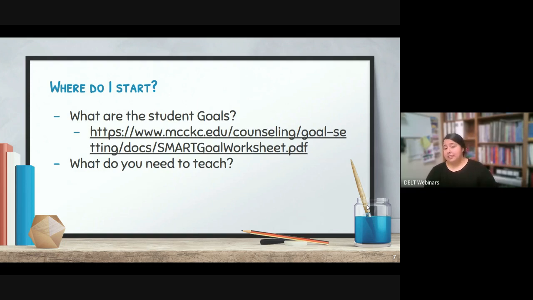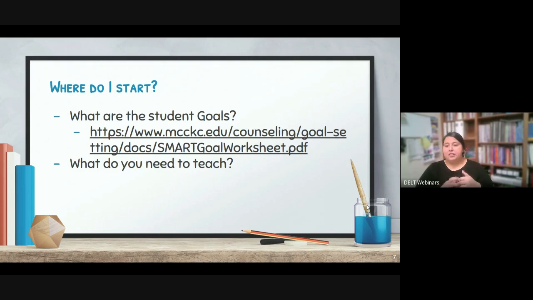That is not realistic, I guess I should say. We would love to be able to just teach whatever was the need at that point, but we have to be realistic about it. And what is our curriculum saying that we need to accomplish within a given time?